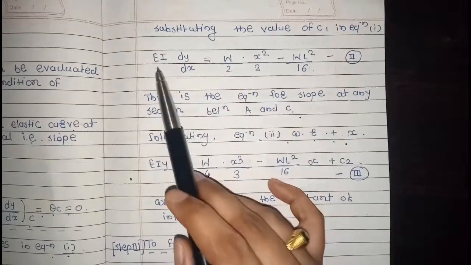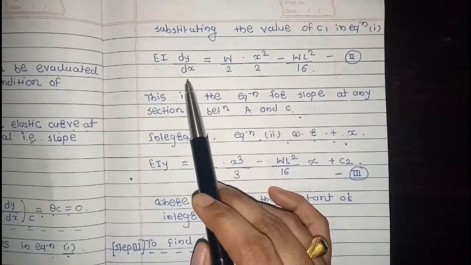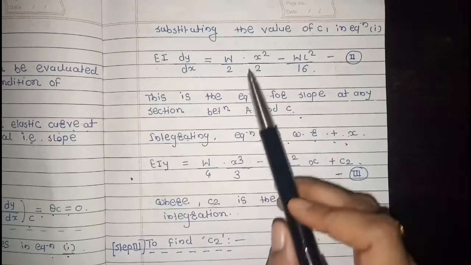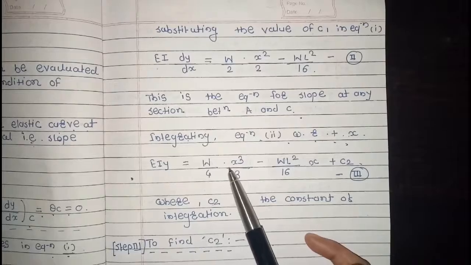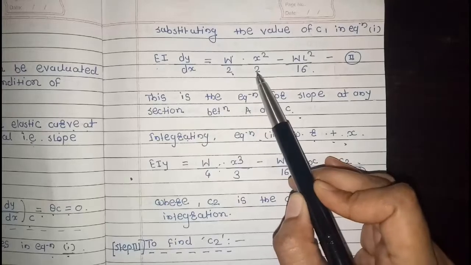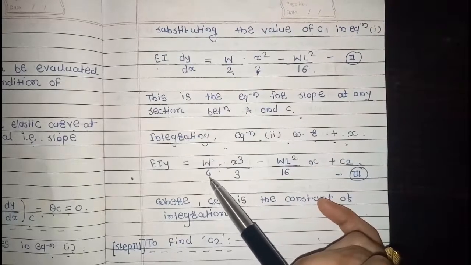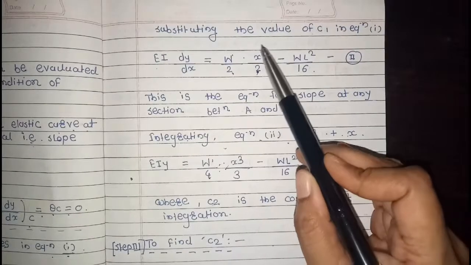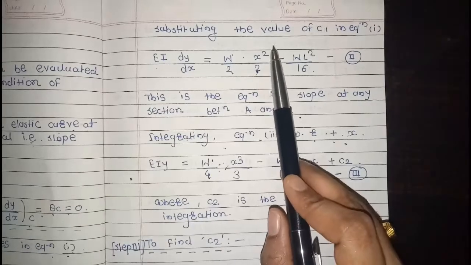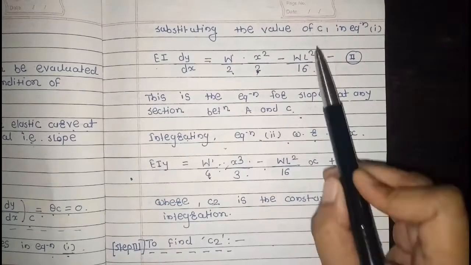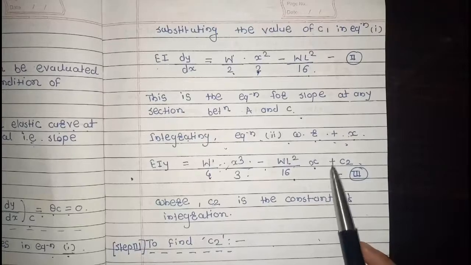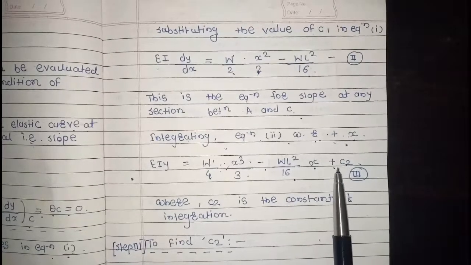So EI, d by dx of y, divided by d by dx, means EI into y, is equal to w by 4 into x cubed by 3. w by 2 into 2 means w by 4 into, what is the integration of x squared? x raised to 3 divided by 3, minus wL squared by 16 with respect to x, into x, plus c2. c2 is the constant of integration.